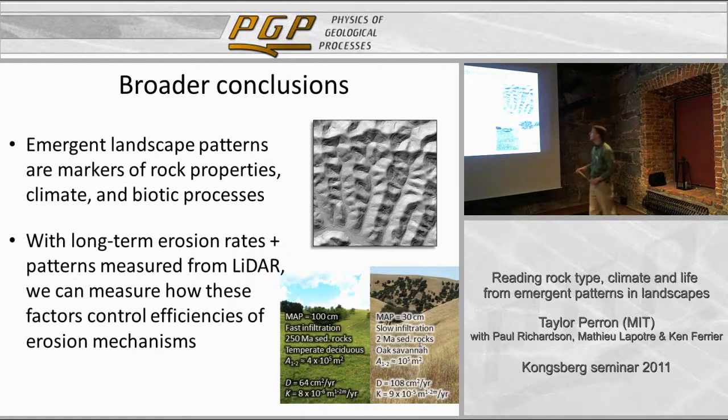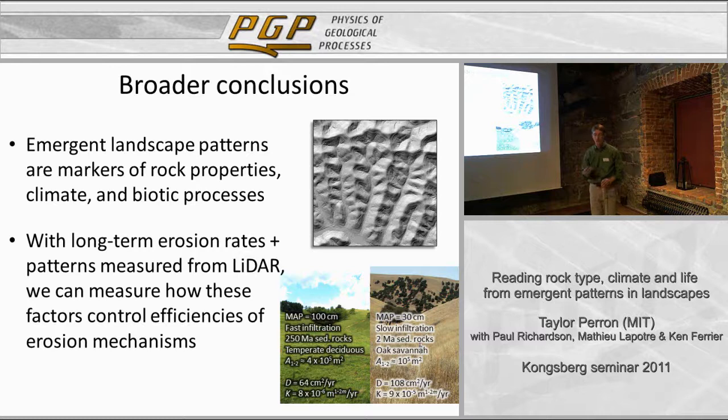And then more broadly, since it's so difficult to measure the rates of these processes over relevant timescales, they happen slowly or episodically. Modern rates might differ from those in the past when climate was different. Another approach you can use is to measure the patterns that emerge in the topography over hundreds of thousands to millions of years and try to relate those to the long-term average rates of these dominant processes.